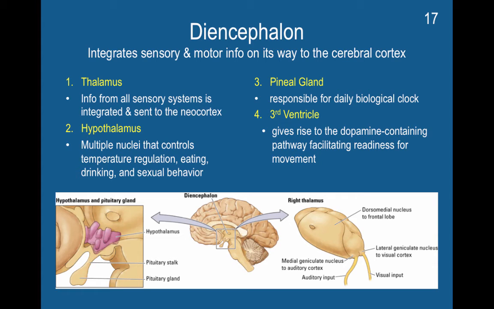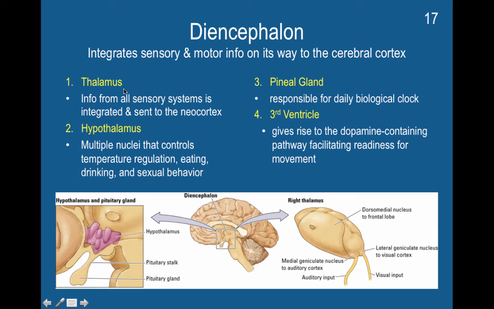Try to do everything that you can to organize the content that you're learning, because this will put you in the best position. It'll just take a little bit of time for you to figure out how to map the new information that you're getting in this course onto your existing information about the structure and function of the body. So here's the diencephalon.